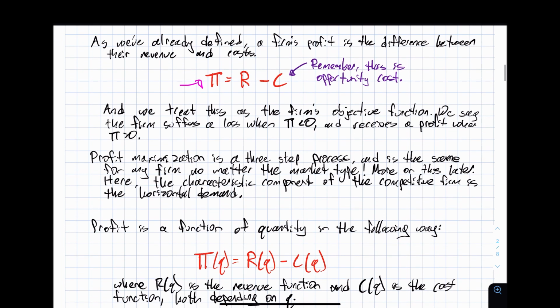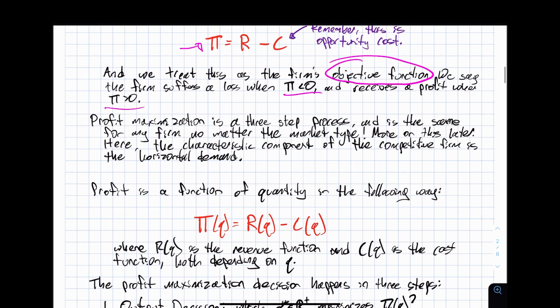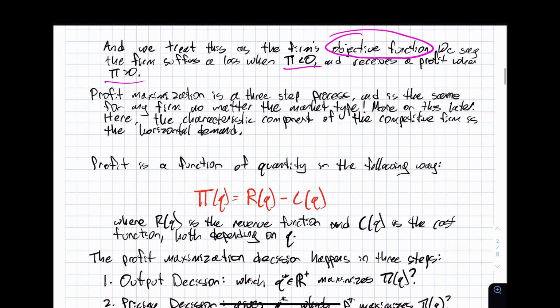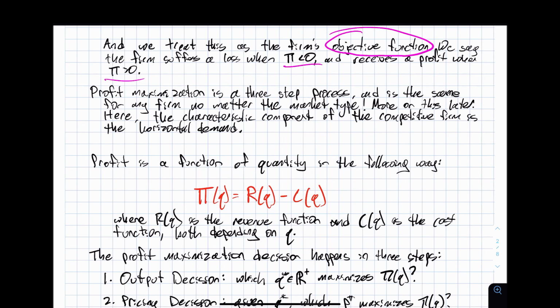And this is the firm's objective function. This is the goal for a firm, is to maximize this thing. We say it's a loss when profit is negative, and they receive a profit when profit is positive. If you want to say a negative profit, that's fine. You might even hear me say that from time to time. A loss is just defined as a negative profit.